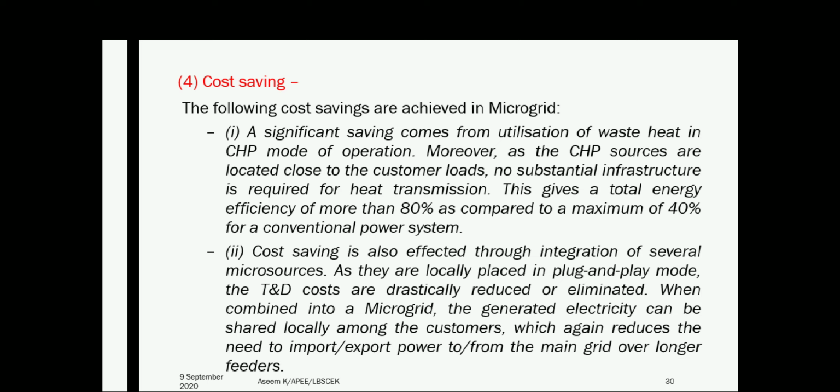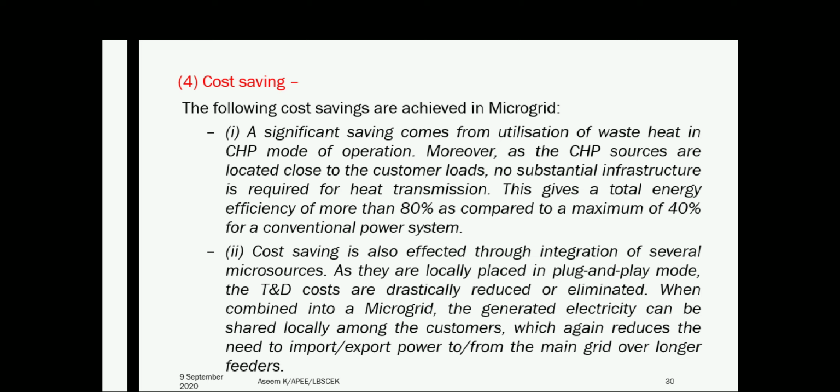In case of distributed energy resources, we can recover the heat loss, and that can also be converted into useful power, so that the entire efficiency of the power conversion system can be increased.